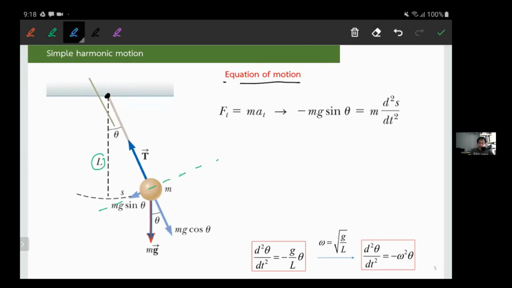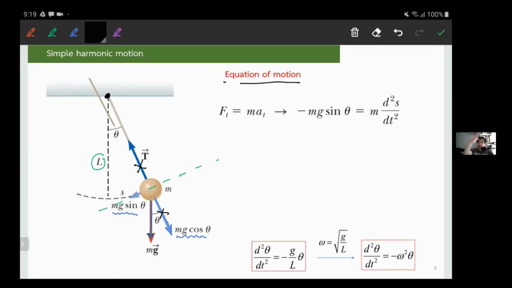One component is downward over here. That's going to be your mg cosine theta. The other component points to your left, mg sine theta. And now you start seeing that, of course, the vertical direction will do nothing because there is no motion along the radial direction.